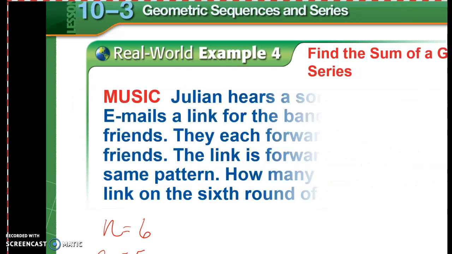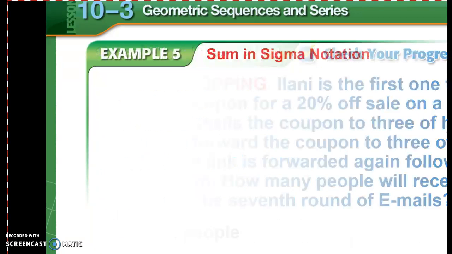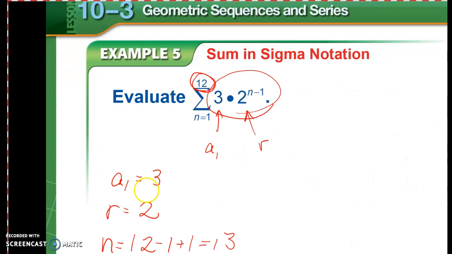It's just to the n, sorry. My n is 12, not 13.